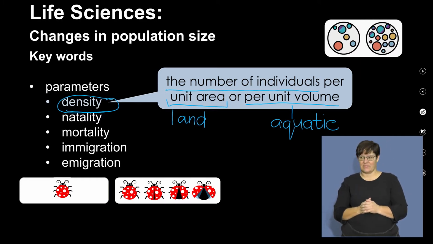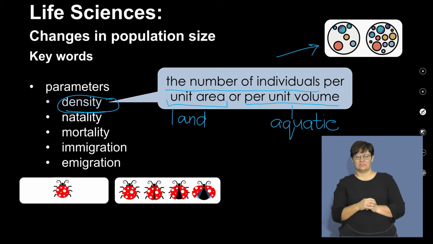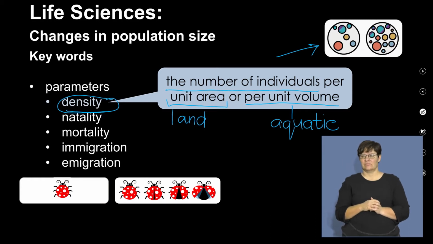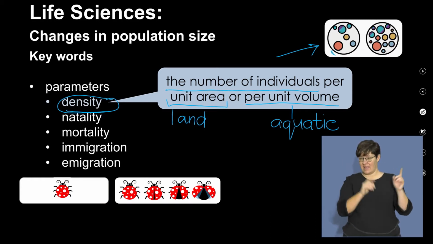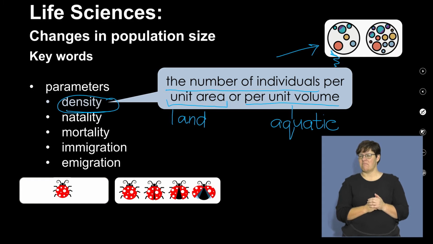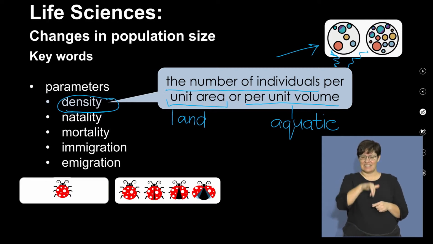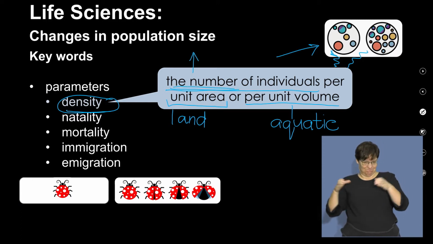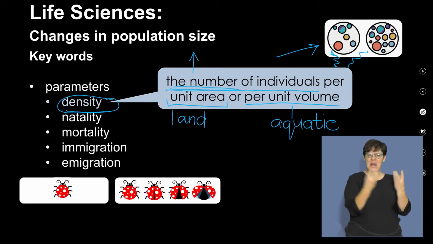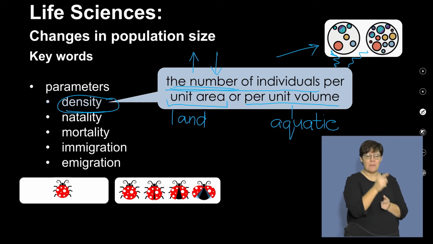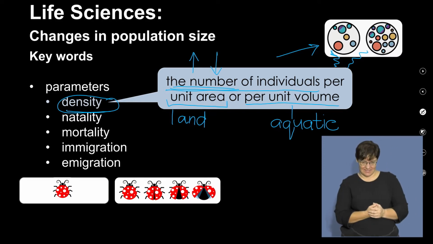So have a look up there at that little graphic. Here we can clearly see that something is less dense and something else is more dense. So the idea of more individuals means that the density is greater, less individuals, the density is less.